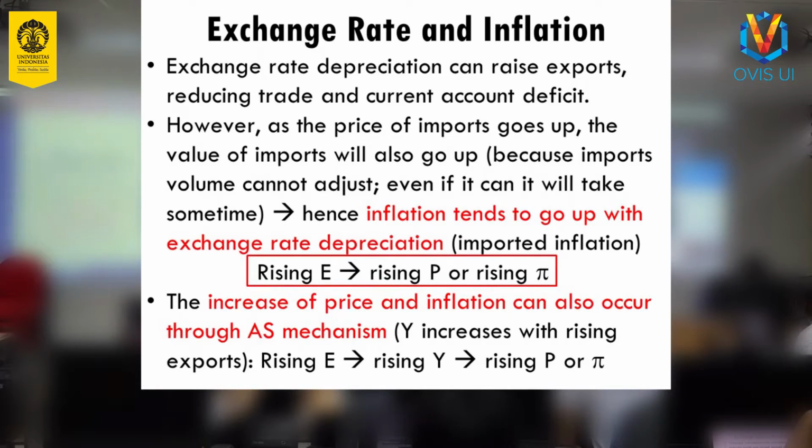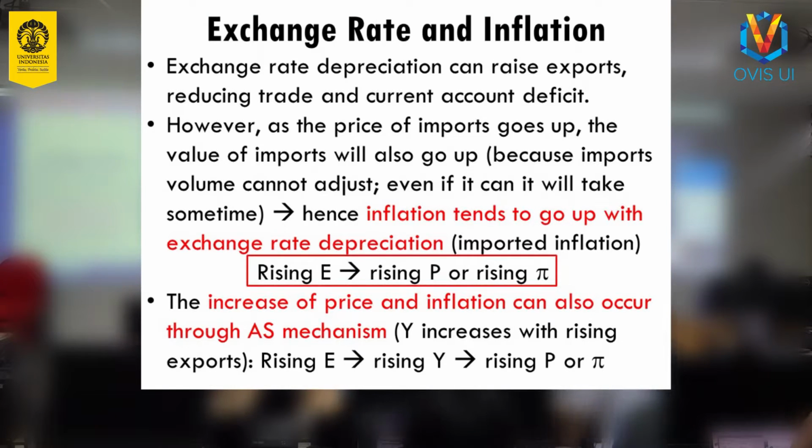And suppose the price of color and the price of cotton increase. You cannot reduce that import because if you reduce, you cannot produce your textile. So you maintain the volume of the import of the color and the cotton, but now you have to pay a higher price. That means the total value of import goes up, right?